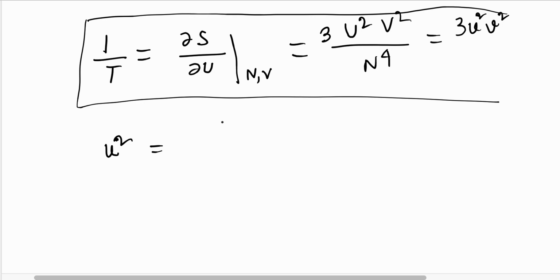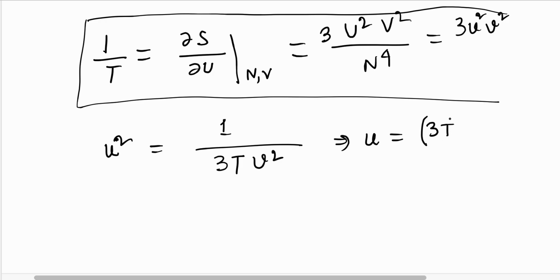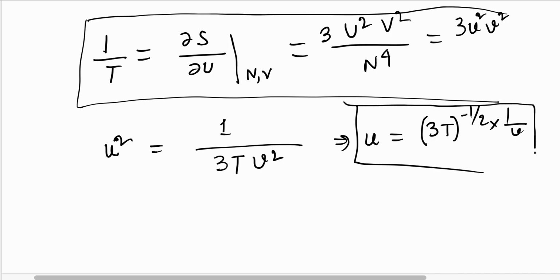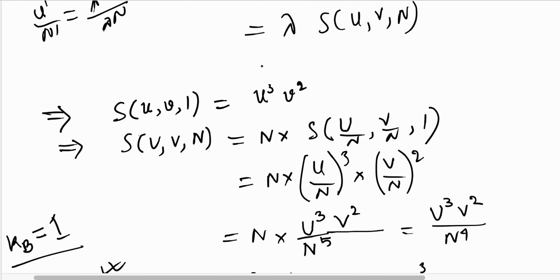So u square is equal to 1 by 3t square, which is 3t v square. That means u is equal to 3t to the power minus half into 1 by v. So we successfully write the u in terms of temperature and the reduced volume.